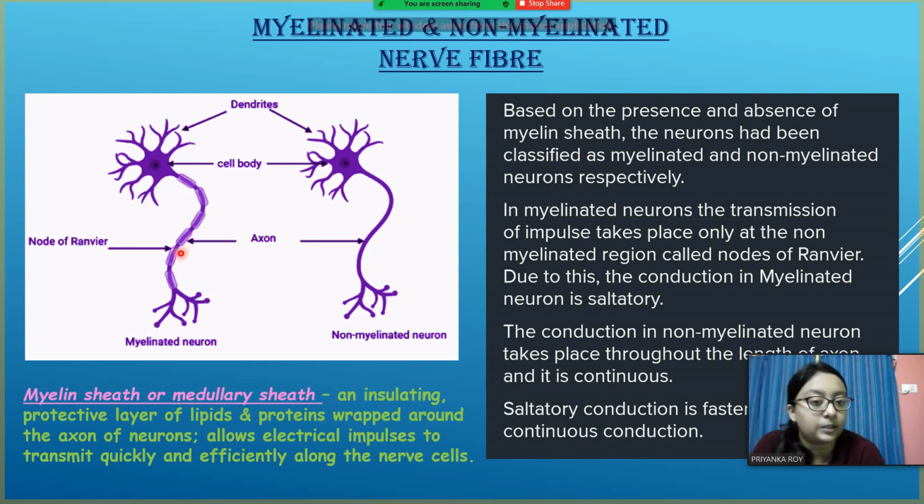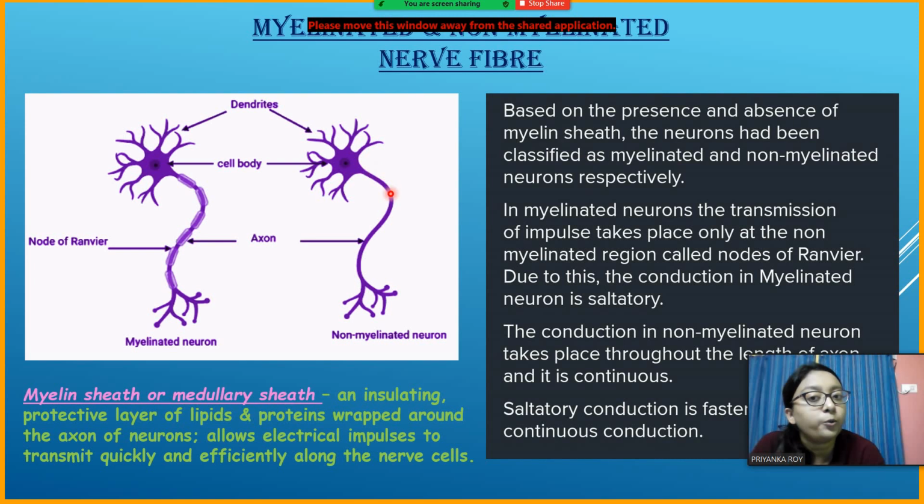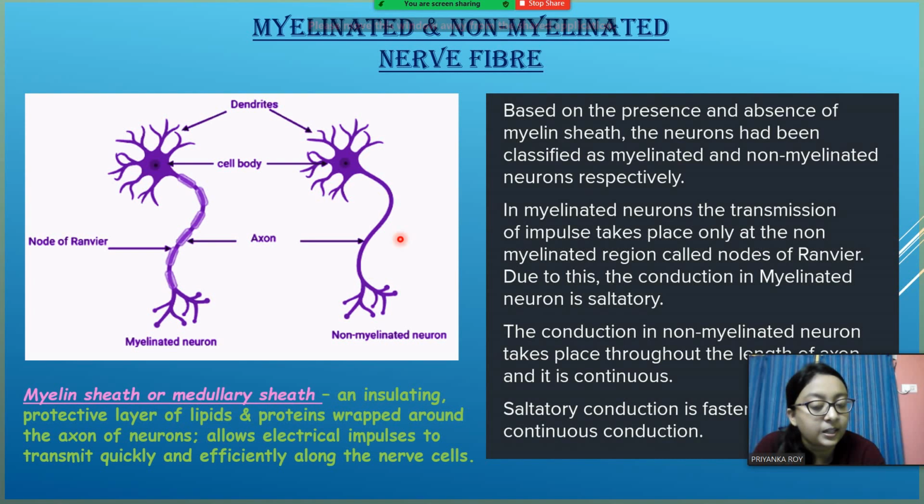This kind of signal transmission is known as saltatory conduction. And in case of non-myelinated neurons, since there is no myelin sheath, the nerve impulse has to be transmitted along the entire length of the axon, and there is no jumping or dancing pattern here. It is very much continuous, so it is known as continuous conduction.